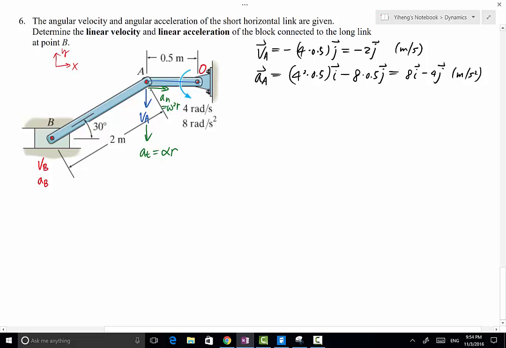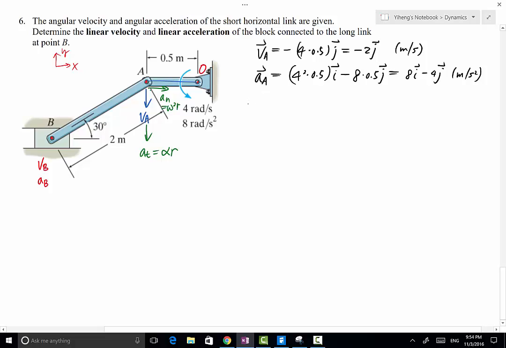So now we have determined the linear velocity and linear acceleration of point A because point A belongs to the short link AO. Now recognize that point A also belongs to the rod AB. We can write relative motion analysis for linear velocity and acceleration to determine the linear velocity and linear acceleration of point B, because AB also belongs to the same rigid body.